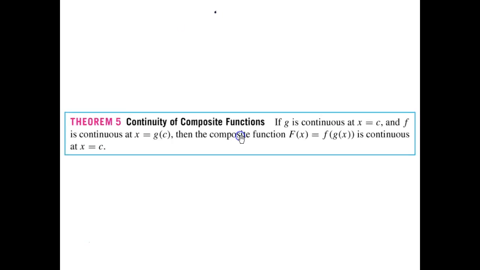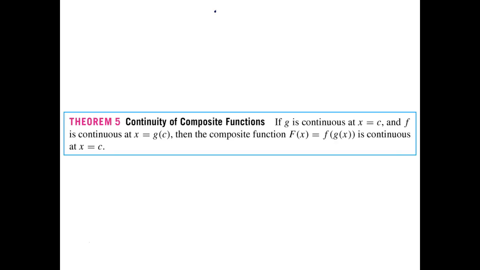Okay, here's theorem 5. Let's say that g is a continuous function at x equals c. Of course, you know what that means. All around x equals c, it's continuous, you know, it's all connected there. Now, f is also continuous, and it's continuous at not c, but g of c, okay?